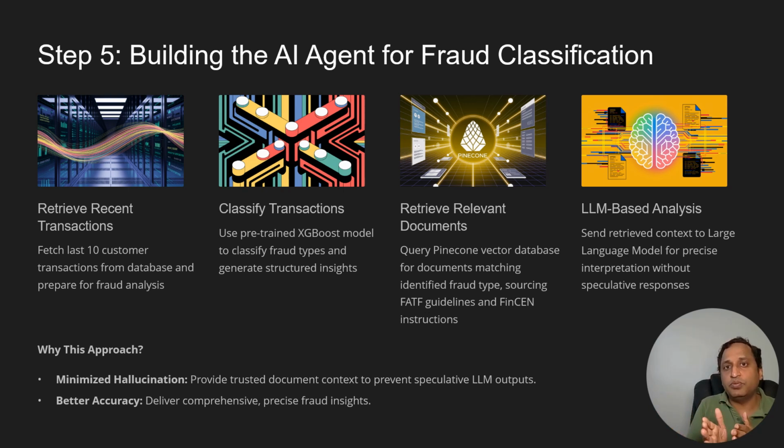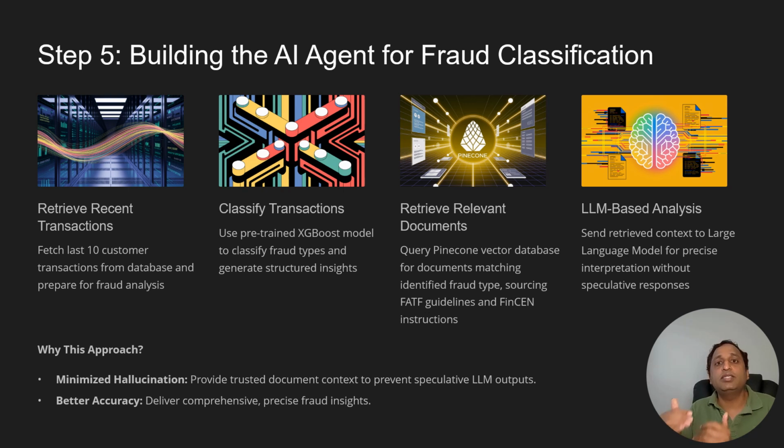Here the most important thing is that LLMs oftentimes will hallucinate. That means they might assume certain things which are not in the facts. So in the case of fraud detection and analysis, we should not have any hallucination. That's one of the reasons we are doing this two-step process.